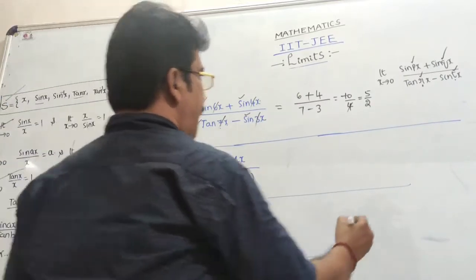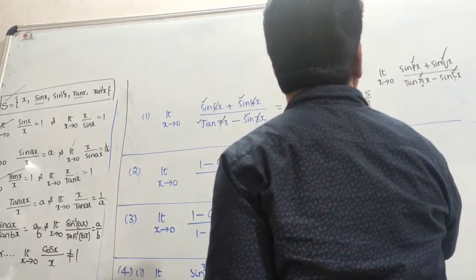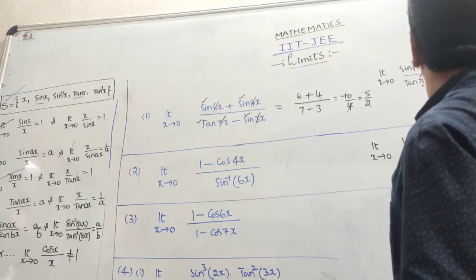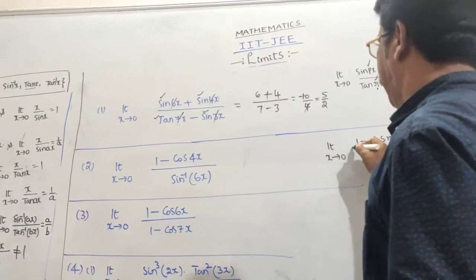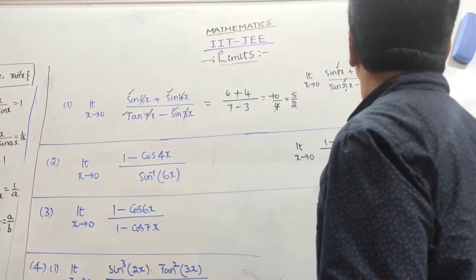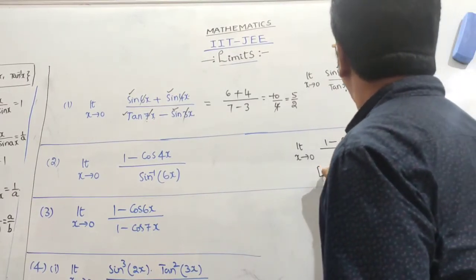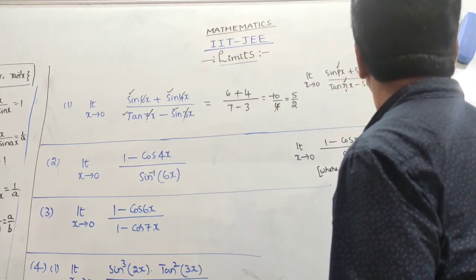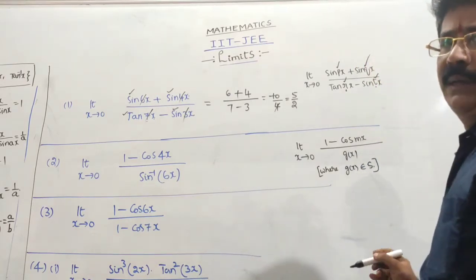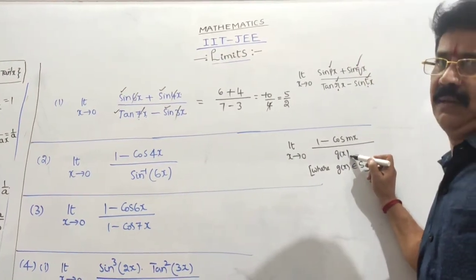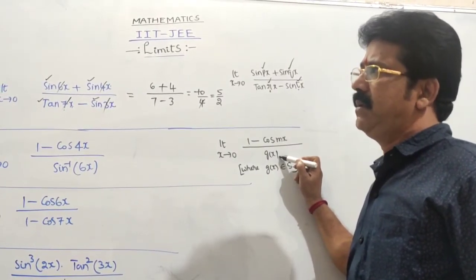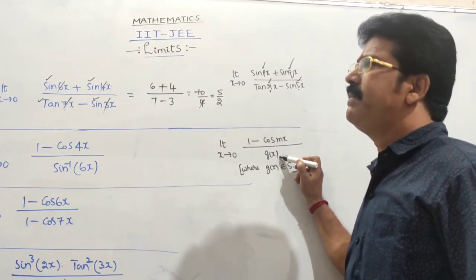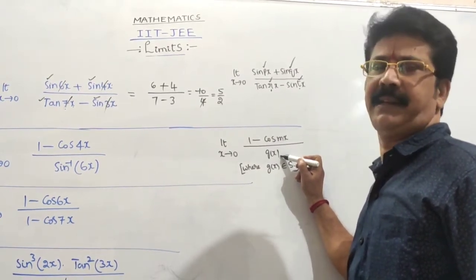Understand? Next, here it is a tremendous shortcut. Limit x tends to 0, 1 minus cos mx divided by z of x, where this z of x belongs to the set S. Means the denominator may be x, sin x, sin mx, sin inverse mx, tan mx, tan inverse of mx, just like that.